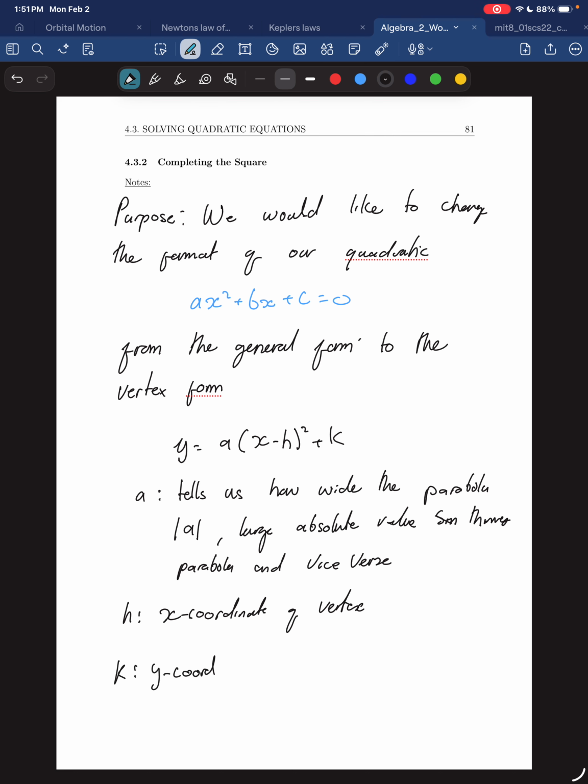For the h, remember, you always gotta watch the minus sign. Always multiply by -1 for your h.